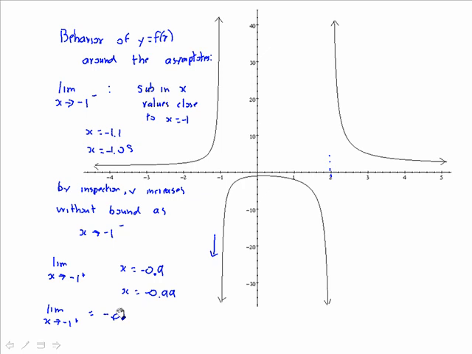Now, the way we ultimately get around that little problem is by noting things like the first derivative, which can tell us whether it's increasing or decreasing. So we do get some information with it.